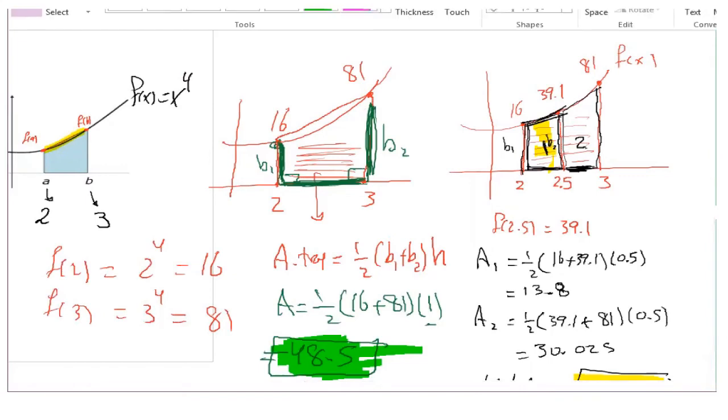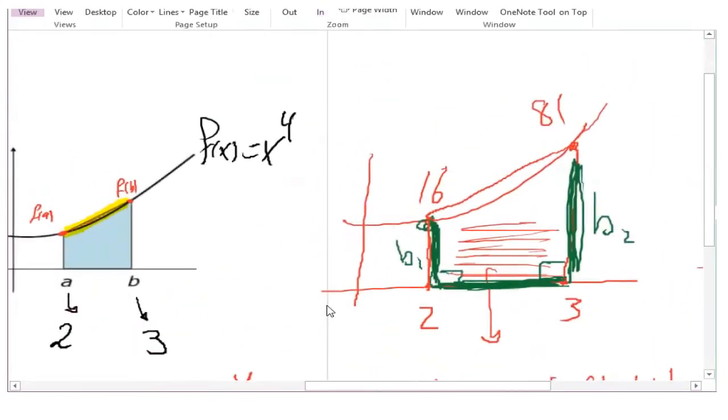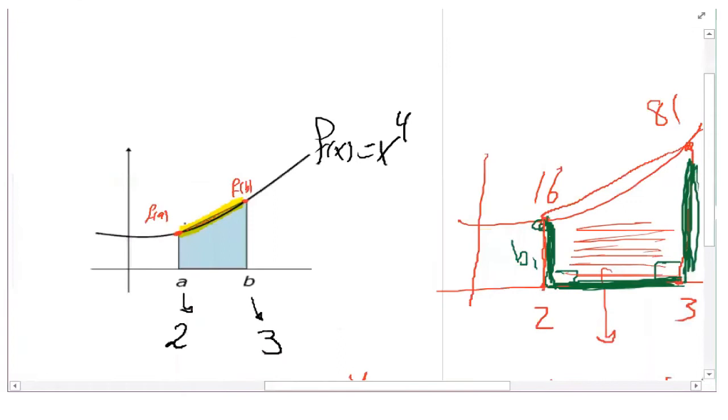Instead of dividing the area into one trapezium, I can divide it into more than one trapezium, and by adding these trapezia, I will find the area of the curve, the bounded area between the curve and the x-axis, more accurately.